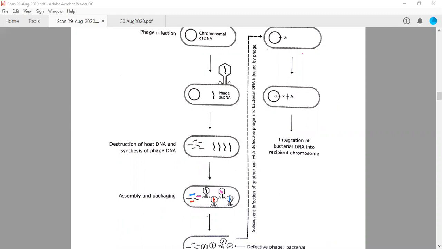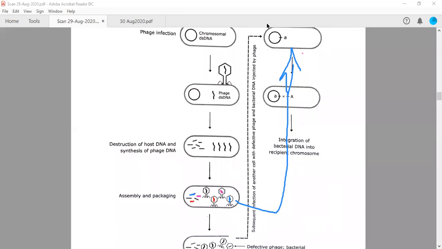When they release out of the bacterial cell after lysis, they will infect some new bacterial cell. When they infect a new bacterial cell, these different segments of bacterial chromosome will be integrated into the new bacterial genome.